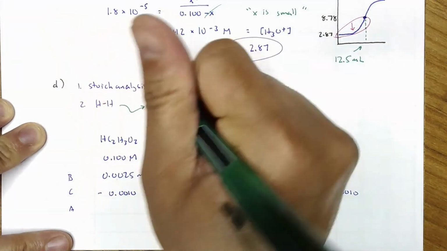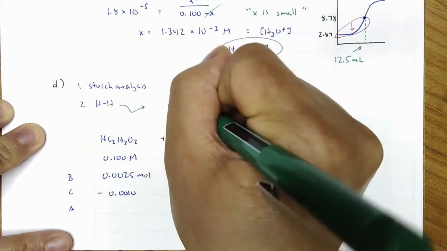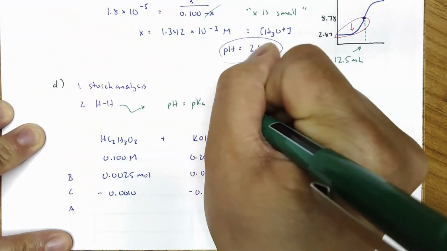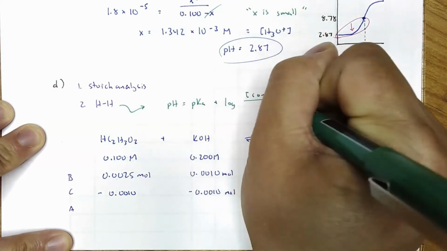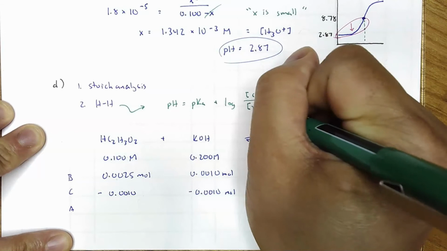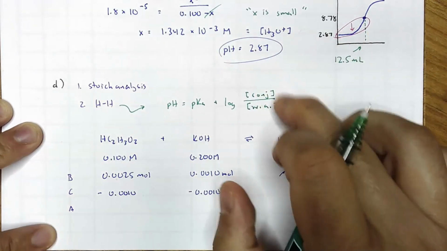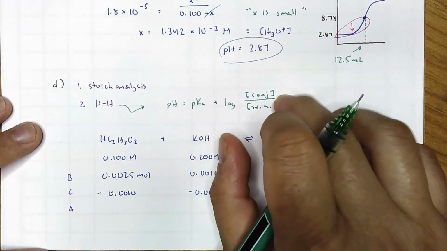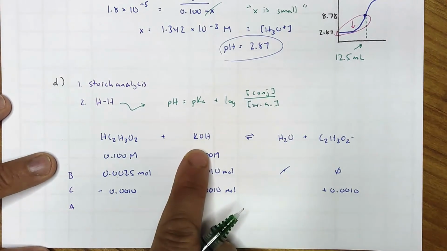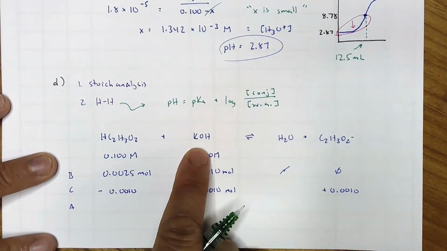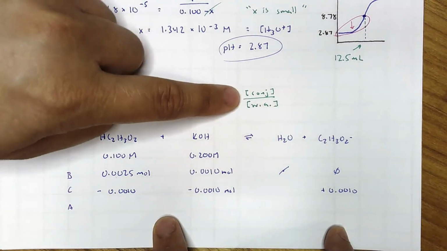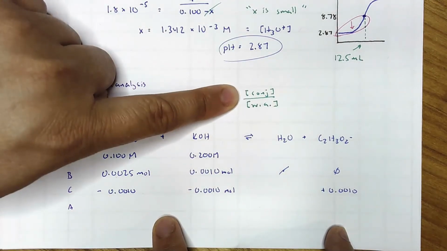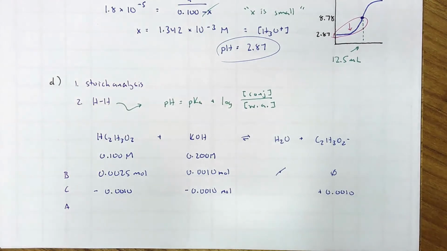The purpose is Henderson-Hasselbalch. pH equals pKa plus log of the conjugate base divided by the weak acid. But these are the concentrations after that acid has interacted with the added KOH. You see how we're getting now different concentrations than what we had at the very beginning, before the titration happened.